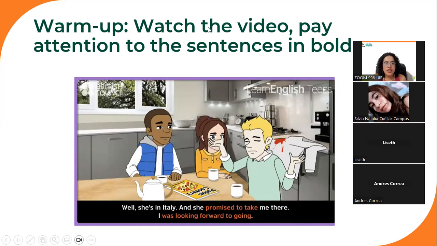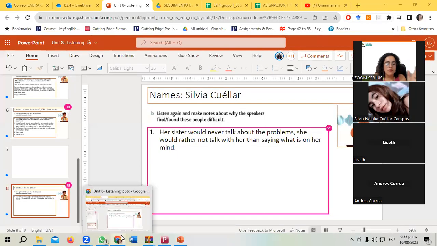So to introduce that topic and to start, we're going to watch a video. It's telling a story, but we're going to pay attention to the patterns that are in bold, okay? So the words that are in color red, let's pay particular attention to them. And then we will start with our review for infinitives or ing forms, okay?